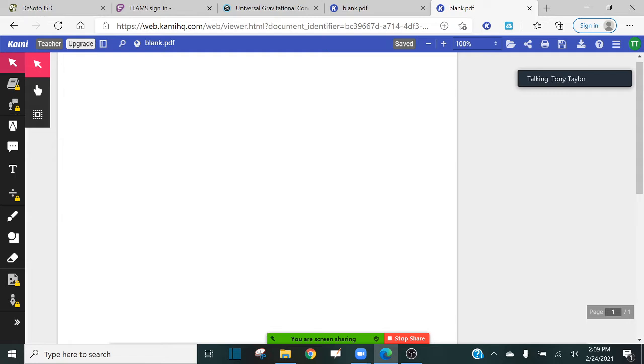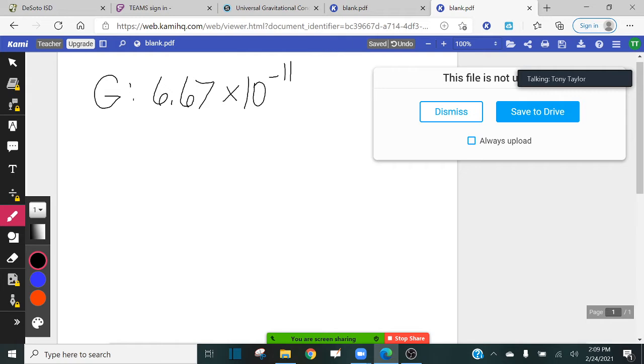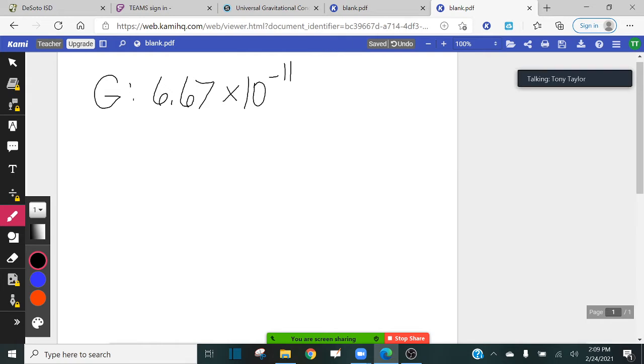It's what it sounds like, a constant, and the constant has been measured to be 6.67 times 10 to the negative 11. That number is always there in your equation. So that's what big G is.